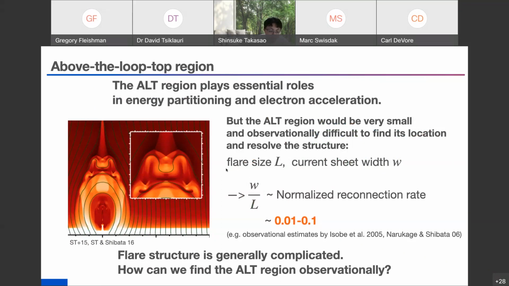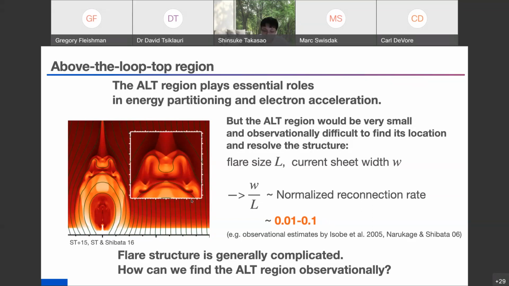Let's define the flare size as L and the current sheet width as W. Then the ratio of these two would be similar to the normalized reconnection rate, which is typically within the range of 0.01 to 0.1. So the size of the ALT region should be much smaller than the system size.